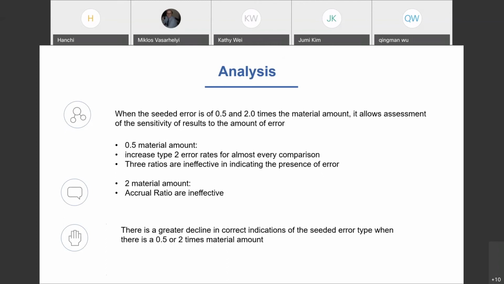The second one, the accrual ratio, is ineffective. There is a great decline in correct indications of the seeded error type when there is a 0.5 or 2 times material amount.